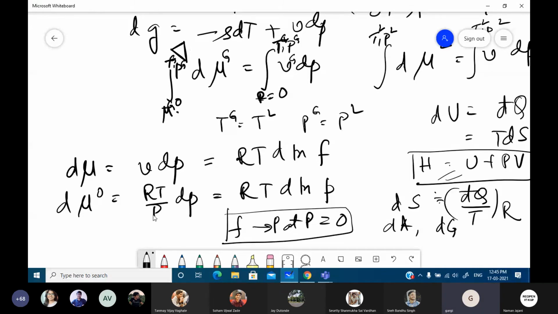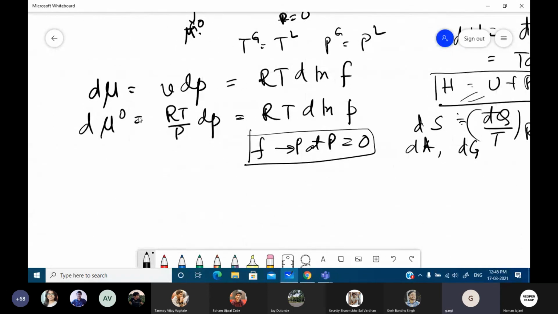Since we do not have any way of connecting mu 0 to any other parameter, we have a way of connecting d mu 0 to pressure, but not mu 0. So in this particular equation for the ideal gas state, we simply rewrite the same equation and replace P with F, and this F is applicable for everything.